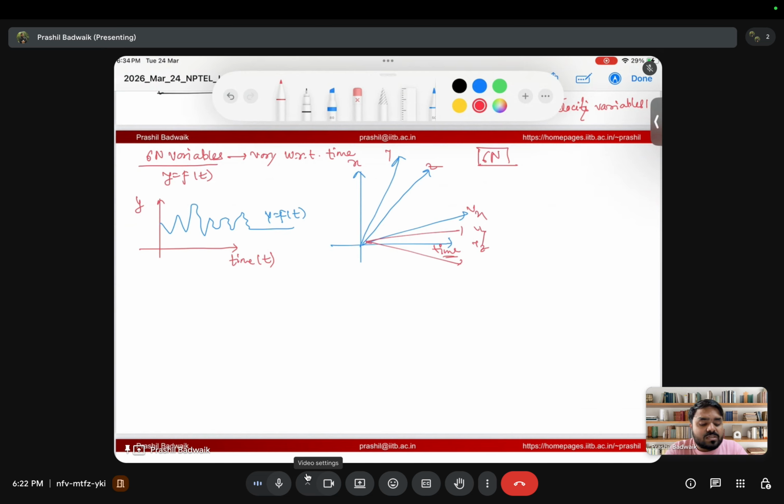So it is a 6n dimensional space, and time is also included there. Or I could say 6n plus 1, both are the same. Here I consider time as an explicit definition, but here you can see no time definition is explicit, it is already included. So this is a 6n dimensional space, correct?